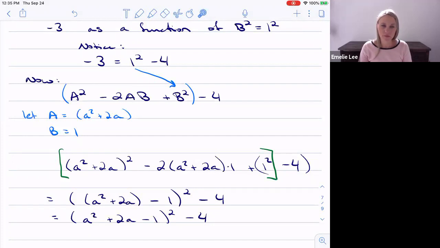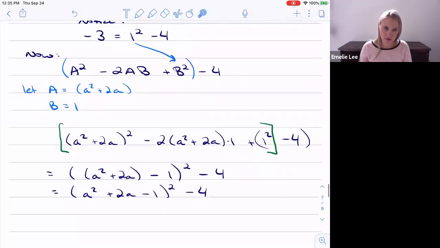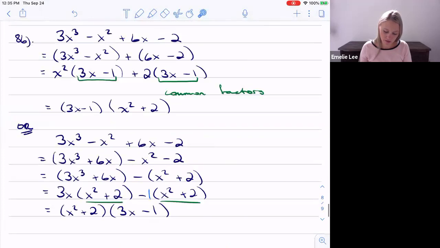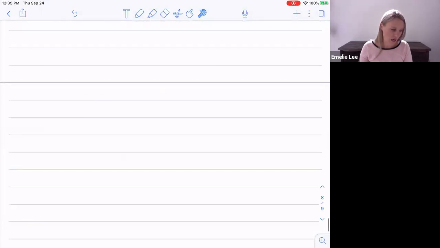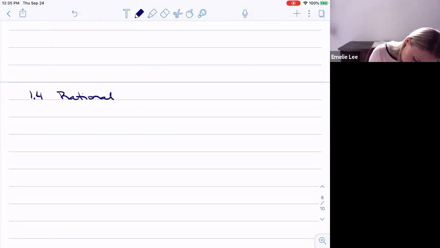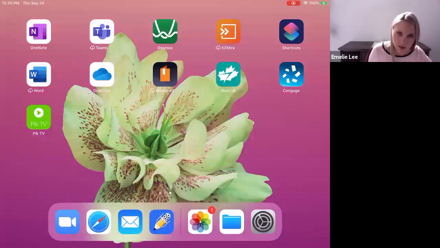Good. Let's start 1.4. So 1.4 is on rational expressions, which means we're going to be dealing with fractions.